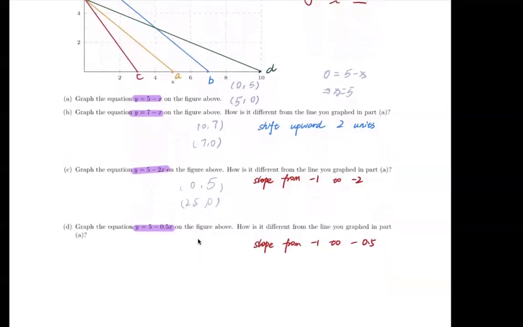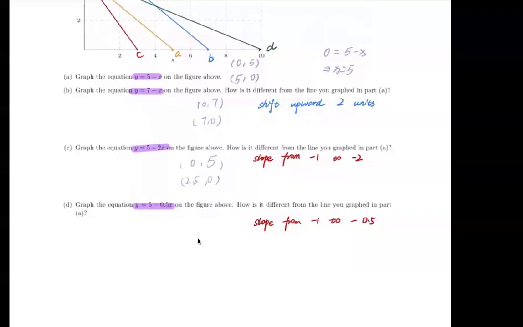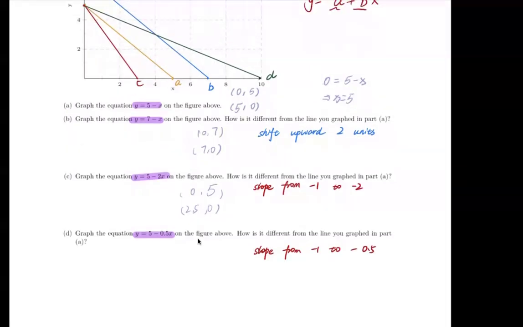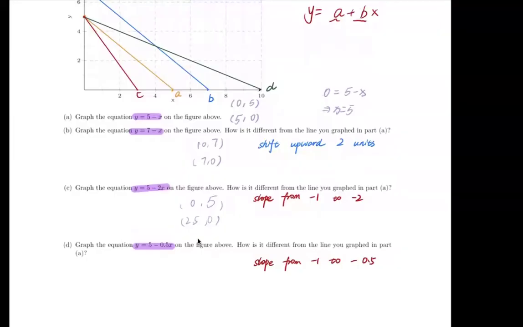And for equation C, same logic, find 2 points, and you will find the linear regression. For D, it's the same. But there's some difference between C, D, A, and B. When you compare A and C, you'll find that their intercept is the same, 5, right?